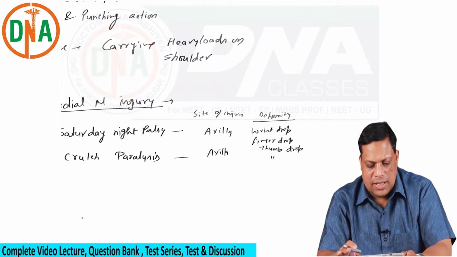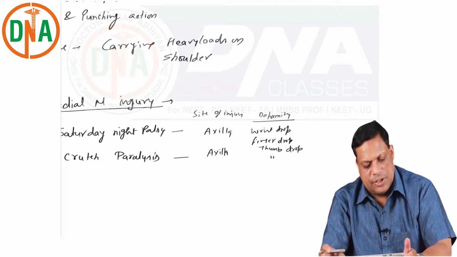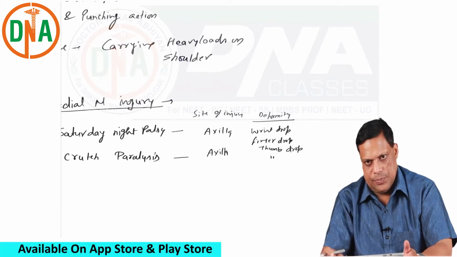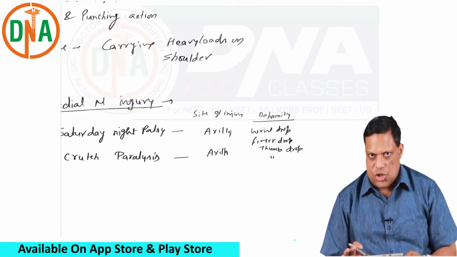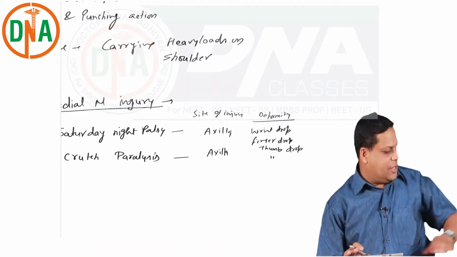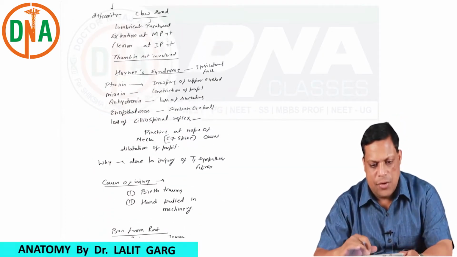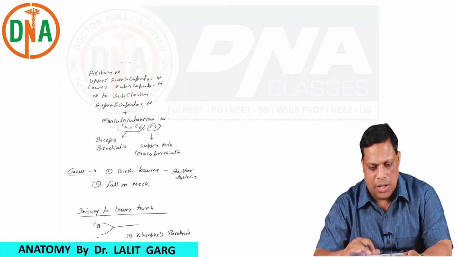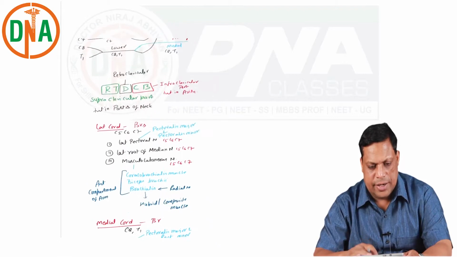What is the difference between Saturday night palsy and crutch paralysis? In Saturday night palsy, an overdrunk guy rests on the chair with his arm hanging at the edge. So there is pressure in the axilla which may cause injury to the radial nerve. Classically it is known as Saturday night palsy.